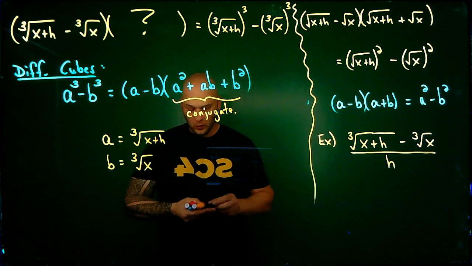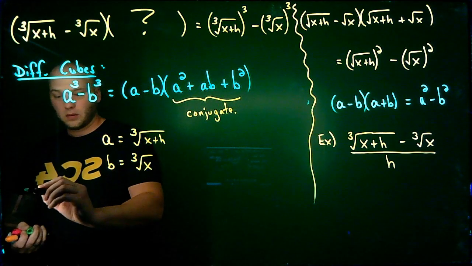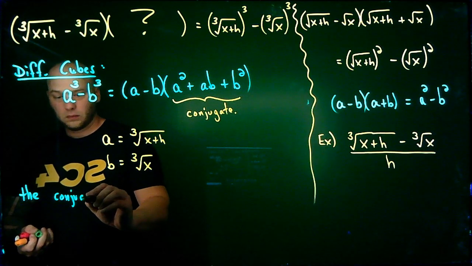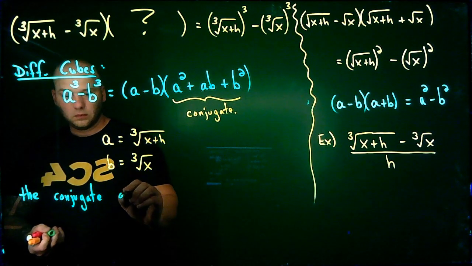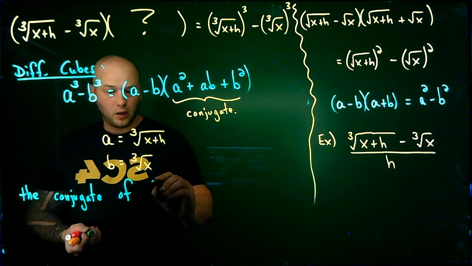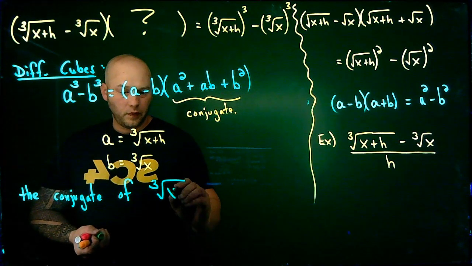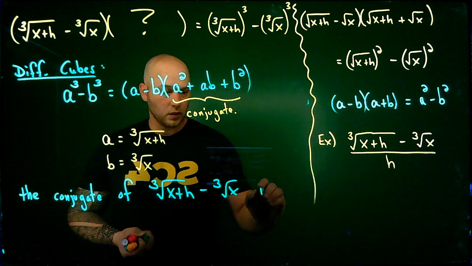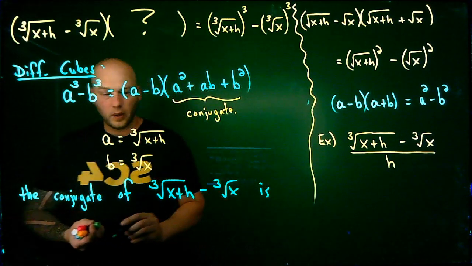Okay? So the conjugate of the cube root of x plus h minus the cube root of x is the following.